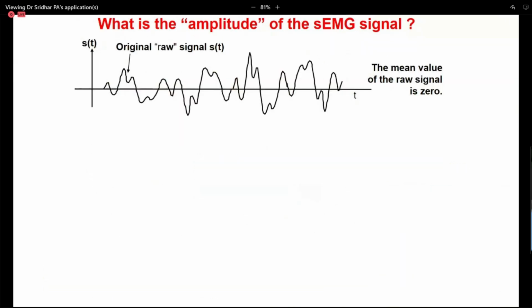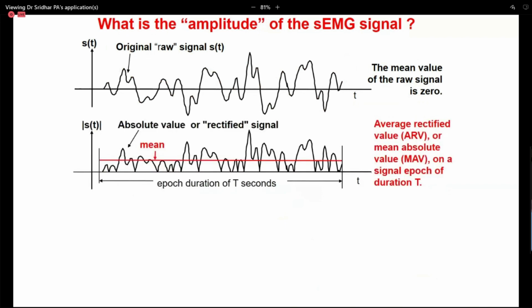So this is your original raw signal. How the amplitude of the signal changes is one of the features used with respect to the contraction. If my contraction is more, what will happen if I take the mean of this raw signal? It will be zero, because it is the combination of all, superimposed.